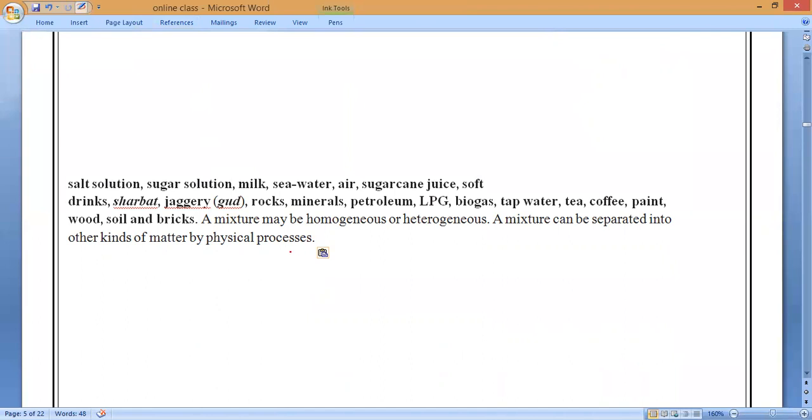So these are all examples: salt solution, sugar solution, milk, seawater, air, sugarcane juice, soft drinks. Soft drinks, how can we say it is a mixture?